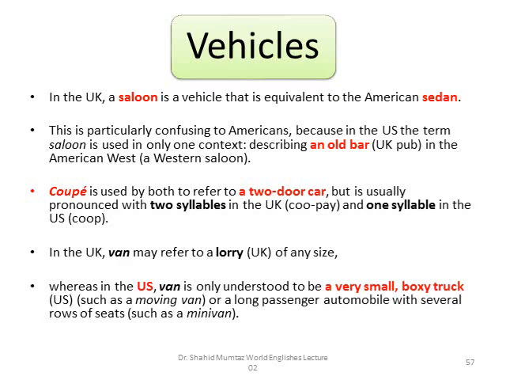Okay, what we understand by van, I think, is the American meaning of van, such as a moving van or a long passenger automobile with several rows of seats, such as a minivan. But van in the UK refers to a lorry of any size, big or small.